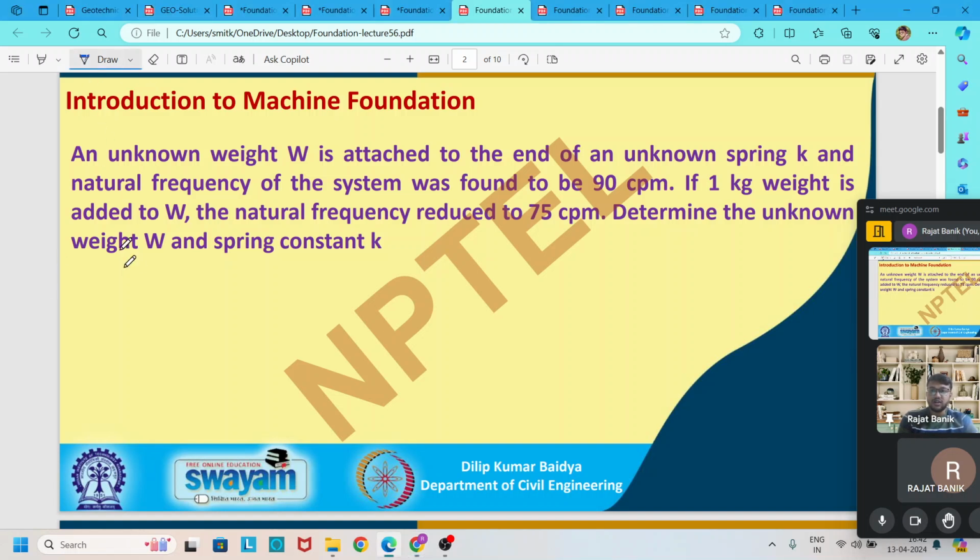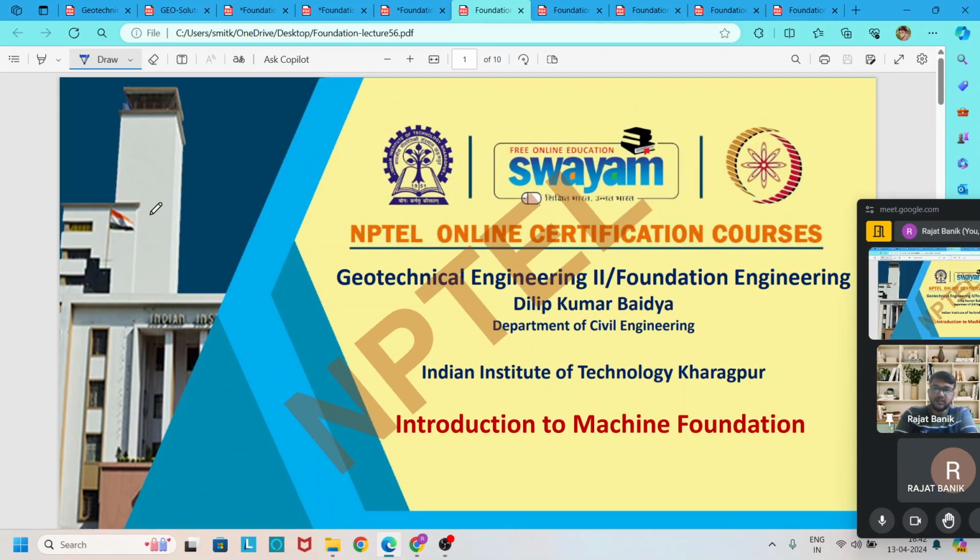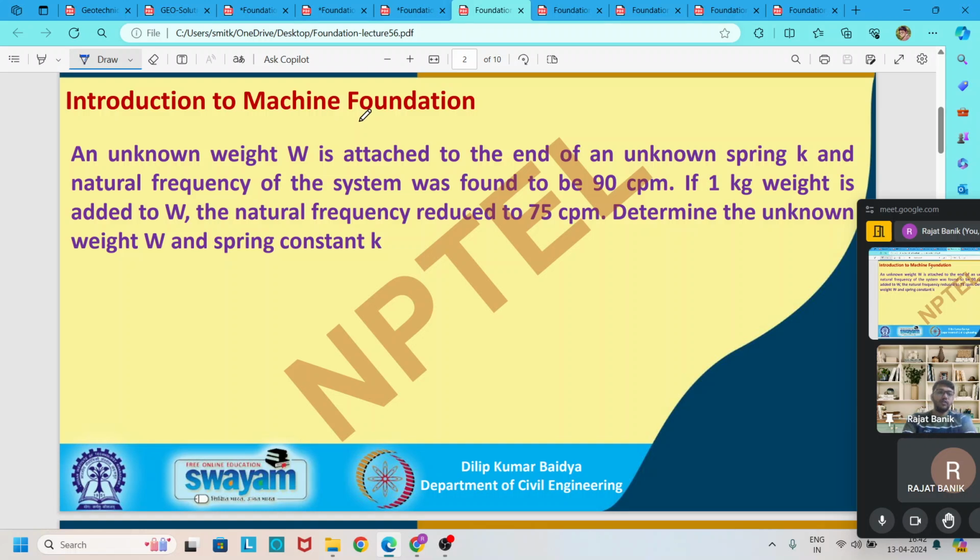Let's start solving this question. The first question of today's session, lecture number 56 of week 12, is that an unknown weight W is attached to an end of an unknown spring K, and the natural frequency of the system is found to be 90 CPM, that means cycles per minute.